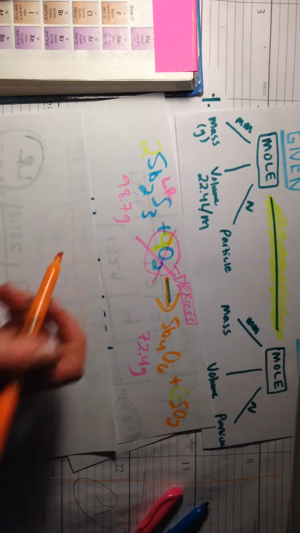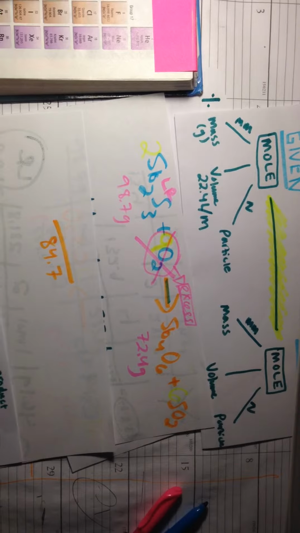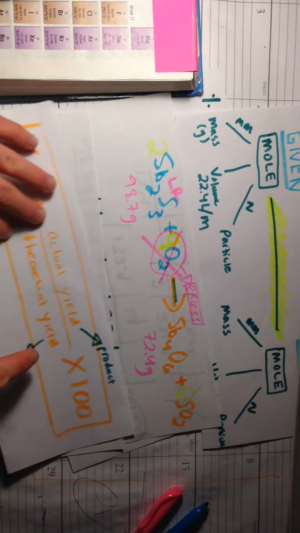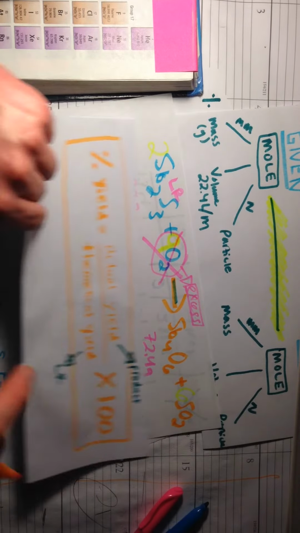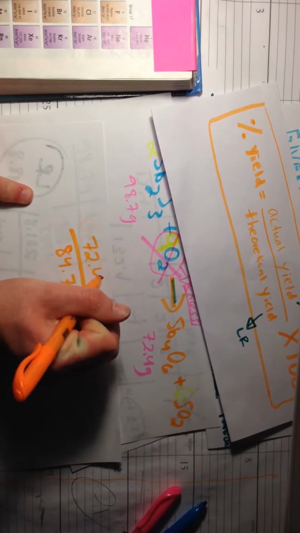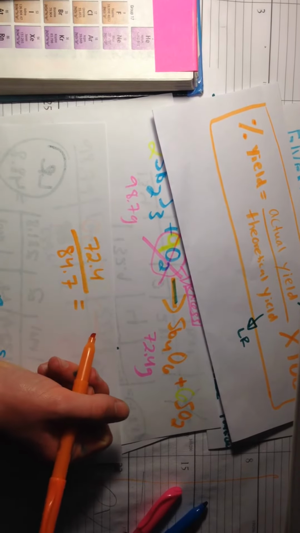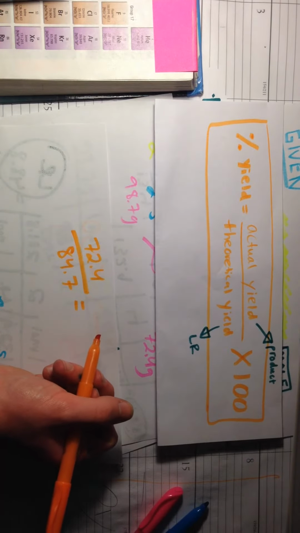So 84.7 goes on the bottom. And on the top, the actual yield, or the product, which is given to us at 72.4. So we can go ahead and divide this, and then multiply it by 100, or move the decimal over twice.